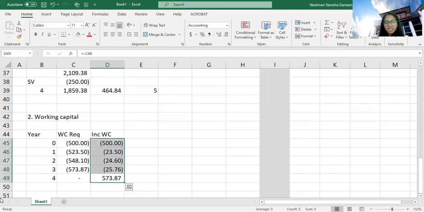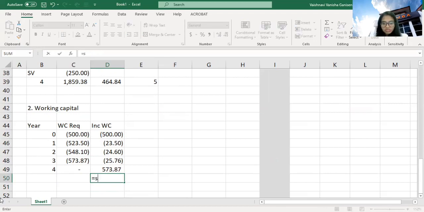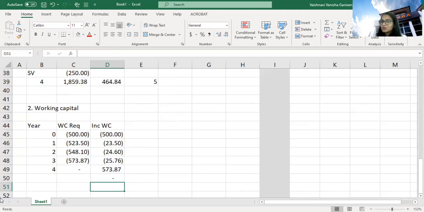So please be a bit careful when you do it. Remember how to double check. Equals to sum, equals to, highlight the whole thing. If it's equals to 0, then no issue. That means your working is correct.